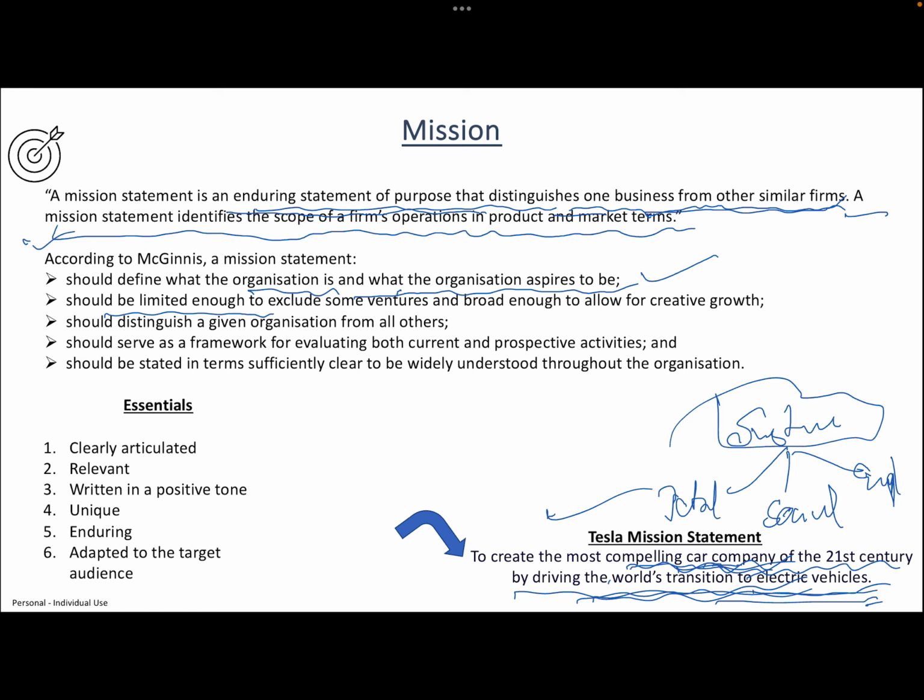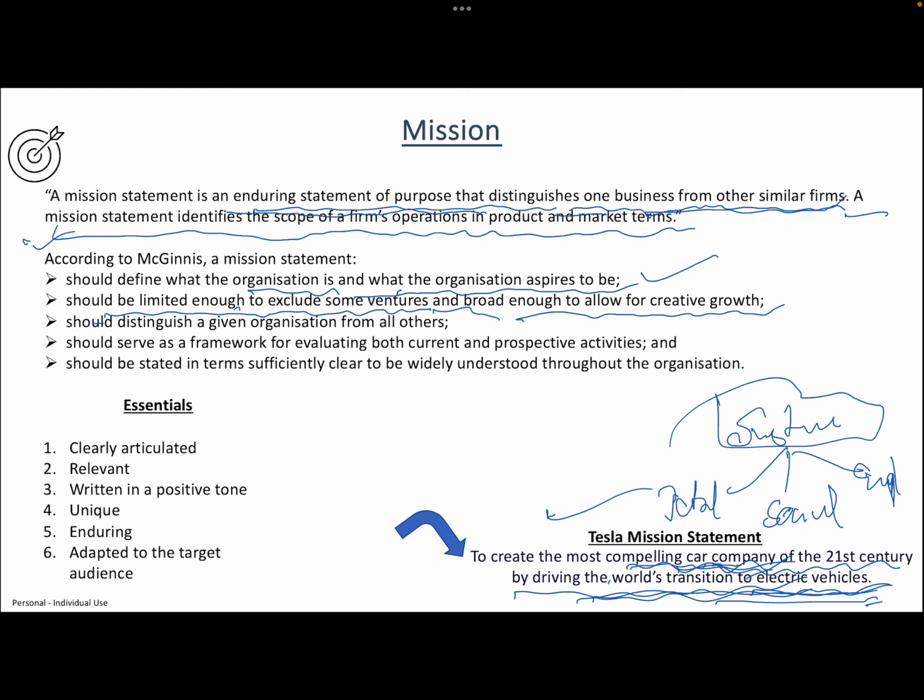It should be limited enough to exclude some ventures and broad enough to allow creative growth. So it should exclude certain things, right? Okay, you want to be a car company, but you cannot produce mechanical cars, electric cars, everything, or toy cars, whatever. So that's why they have clearly excluded and clearly stated that they focus only on electric vehicles.